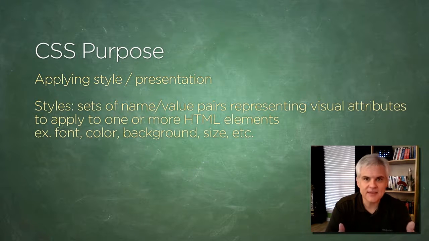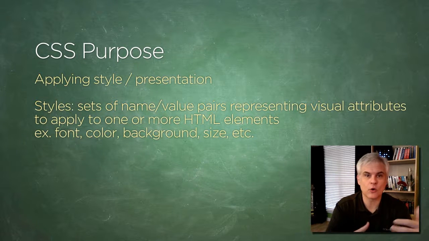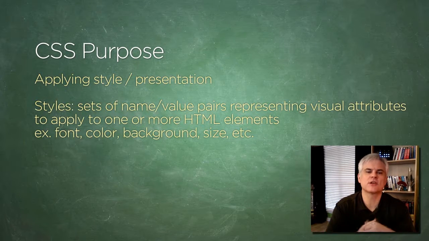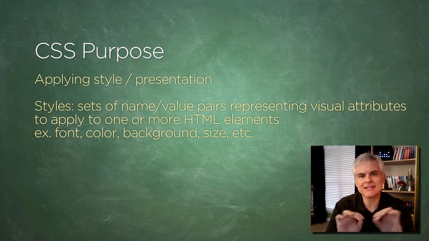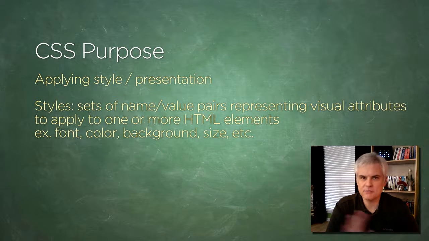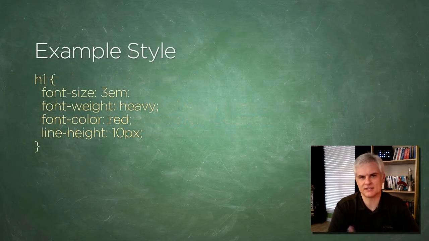Could be the typeface, the font size or color, the background color or an image used for the background, the amount of padding or margin for a given area, and much more. So we're going to examine many of these common properties that you can modify in CSS throughout the remainder of this series. So a style, you've seen it before, it looks something like this.